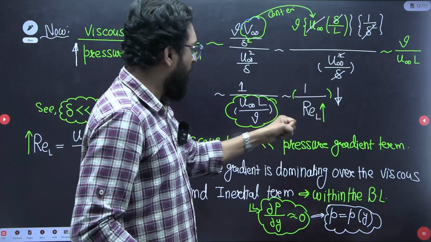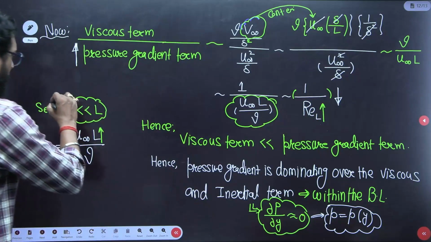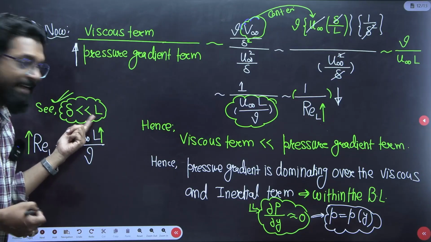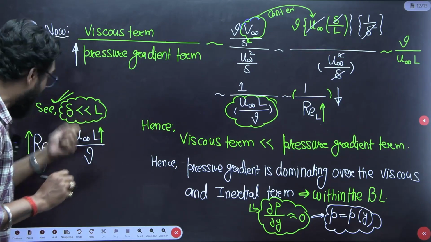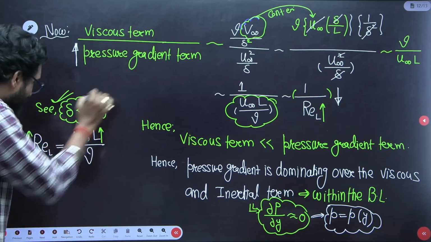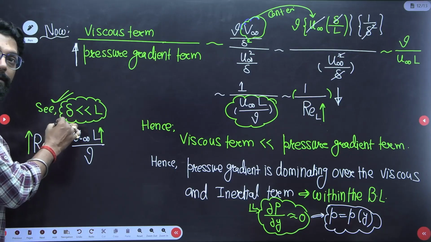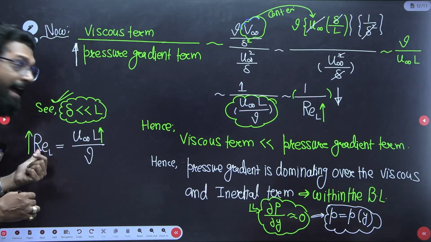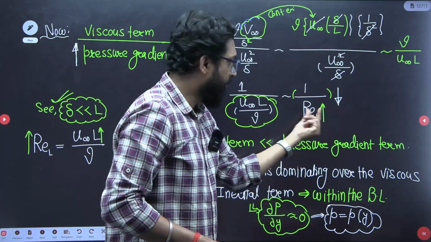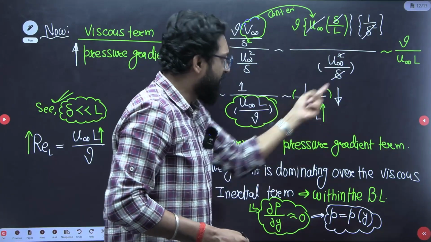Now see again this approximation: delta is very much less than L. That means L is large, so the Reynolds number is large. If the Reynolds number is large, this total term is small.